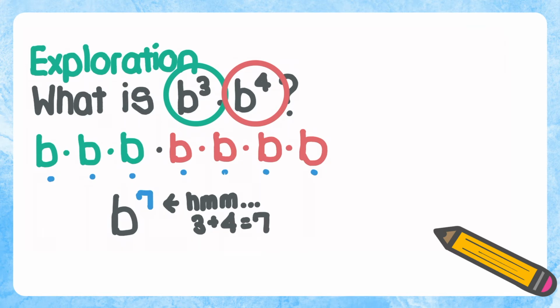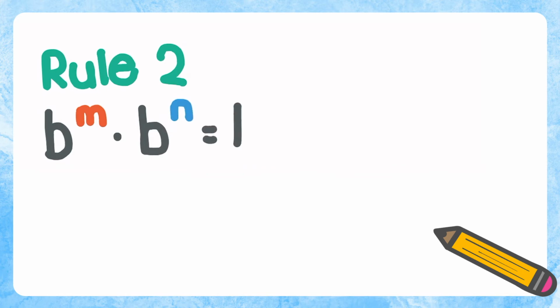So it seems like when you multiply two exponents, we add the powers together. So this is actually rule number 2. b to the power of m times b to the power of n is simply b to the power of m plus n.